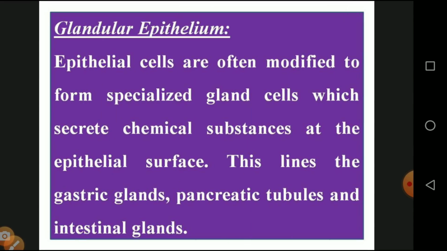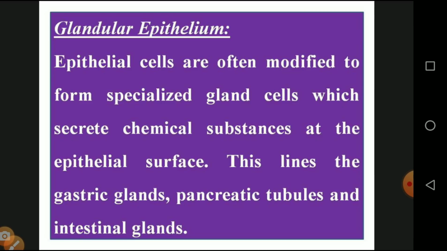And the last one is called glandular epithelium. The epithelial cells are often modified into specialized glands which secrete a chemical substance at the epithelial surface. This lines the gastric gland, the pancreatic tubules, and the intestinal gland. From all these places, specific hormones or chemical substances are secreted.